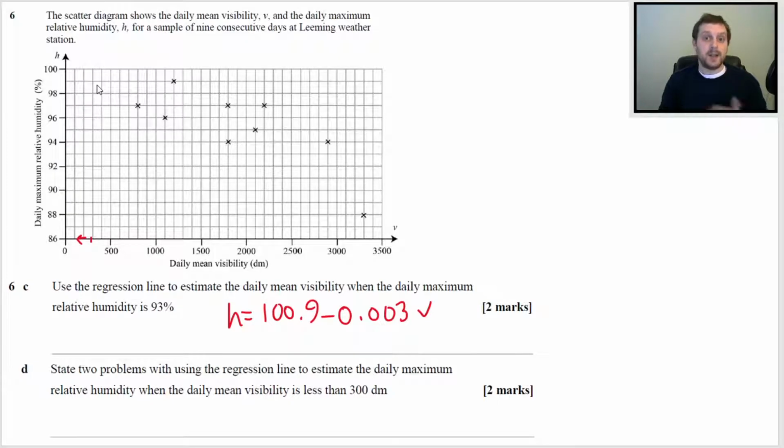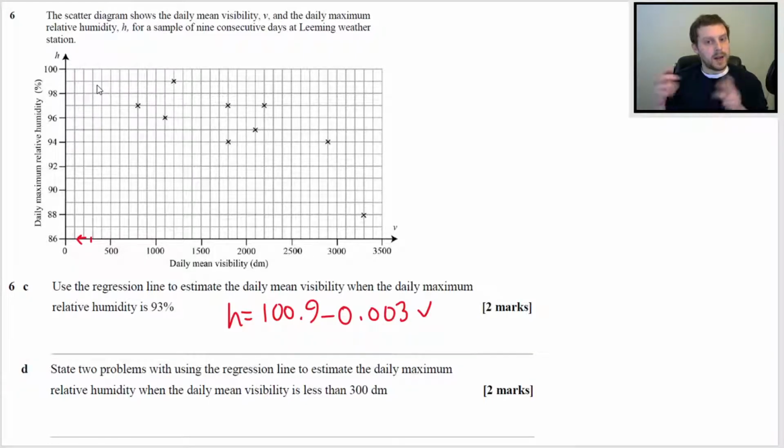It's bad. It's dangerous. It's not a good idea. You should not extrapolate unless you can be very, very confident, and you've got other good supporting reasons for doing it, which you certainly don't in this context. So in general, you've got to say extrapolation is dangerous. It's problematic. We don't know if the trend will continue. You need to get that key word extrapolation in there.